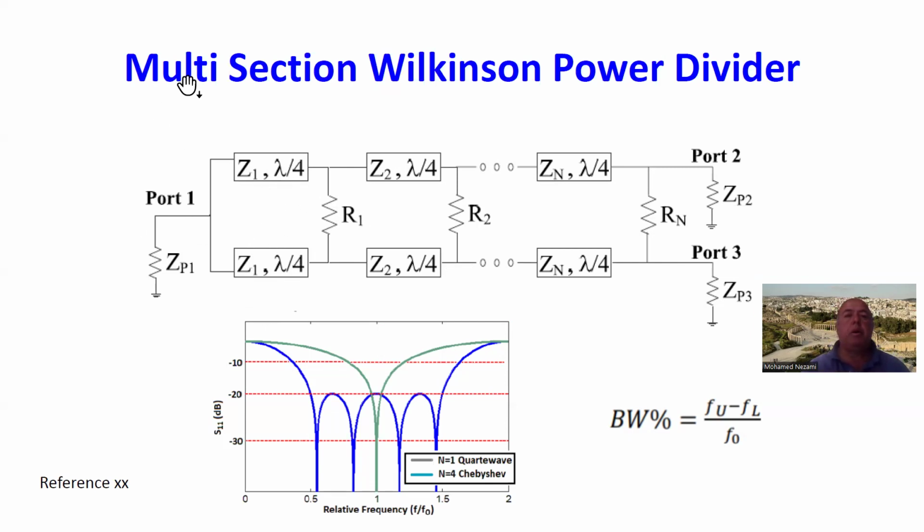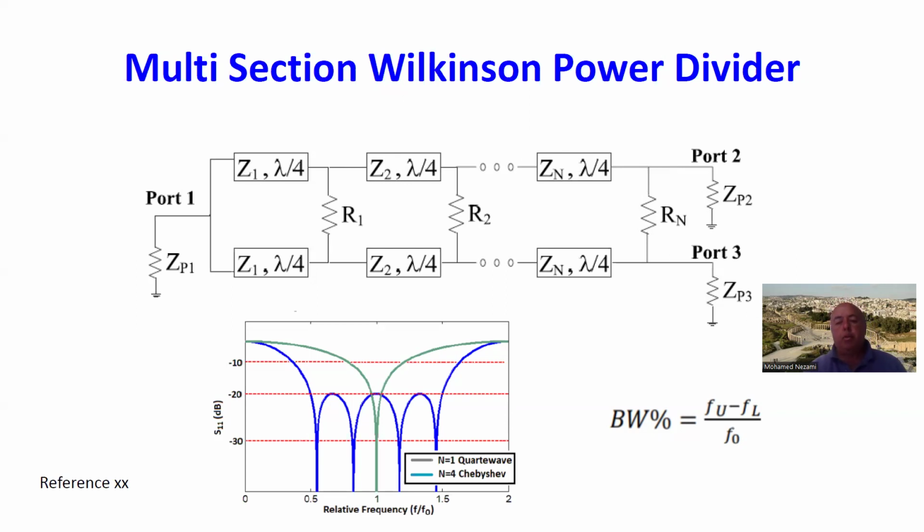But if you're trying to do a multi-section Wilkinson power divider, it gets a little bit more complicated because you have to cascade a series of these dividers, and the characteristic impedances of the transforming quarter-wave lines become a little difficult to determine if you want to do it analytically.